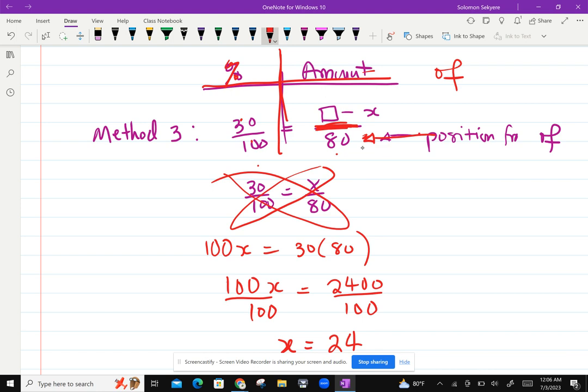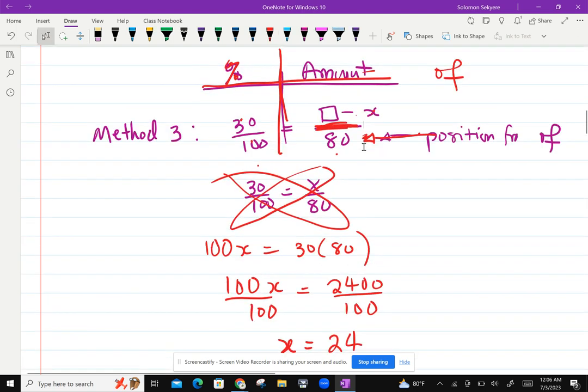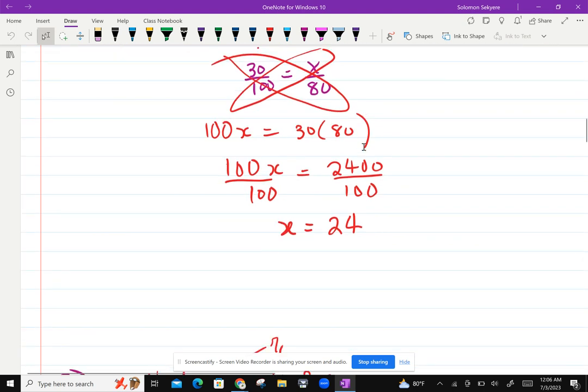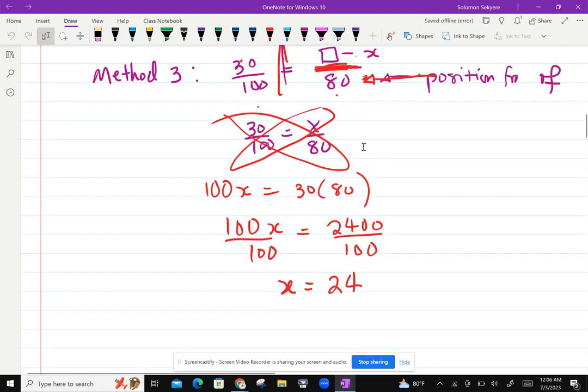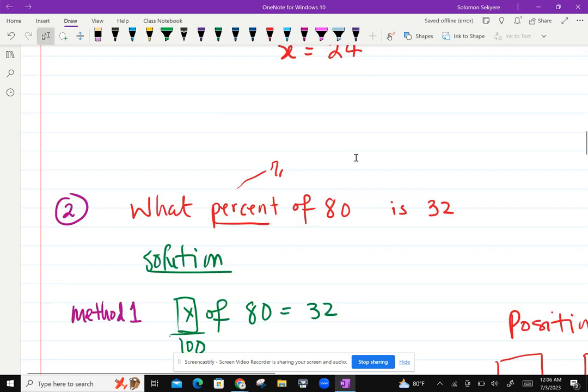And the one we don't know is x. x is your variable, not a multiplication sign. So you write your equation and cross multiply. The one containing your variable, 100 times x, you write on the left: 100x equals 30 times 80. To find your variable, we divide by the coefficient of 100, x equals the same thing.